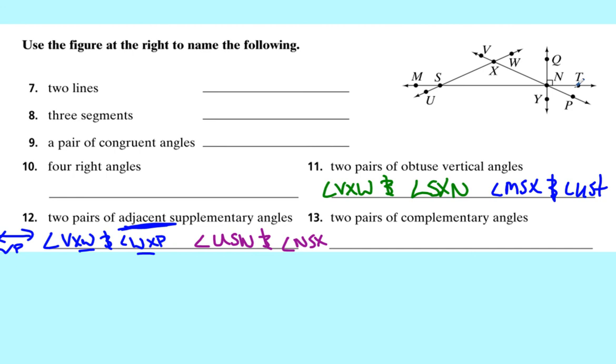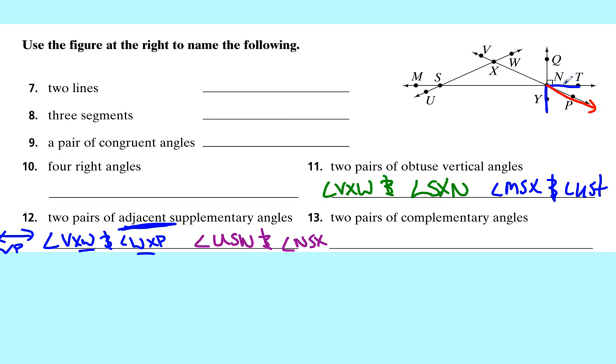So let's take a look at this right angle here. So this is 90 degrees, and if we can find a way to split this into two different angles, like say there was a ray that just happened to do a little bit better job of cutting it into two pieces. Do we have that? Yes, it's right here.